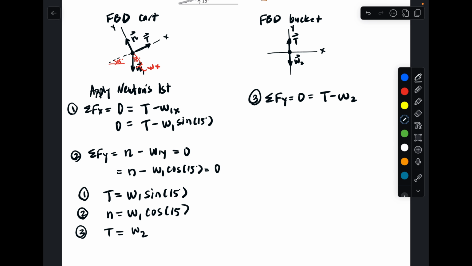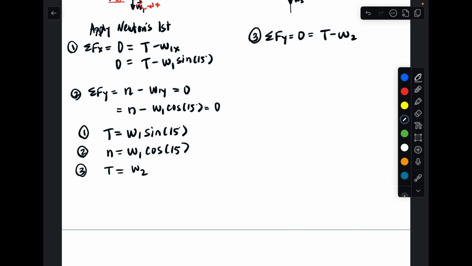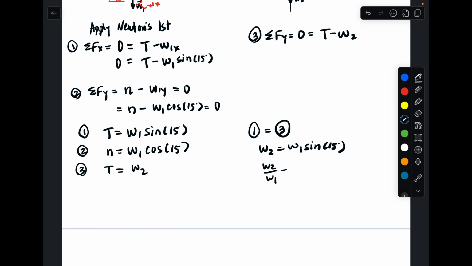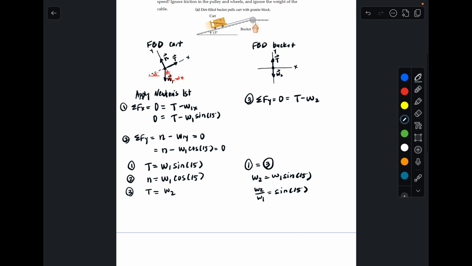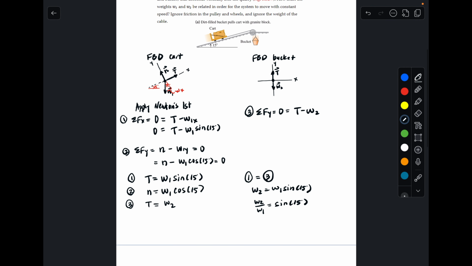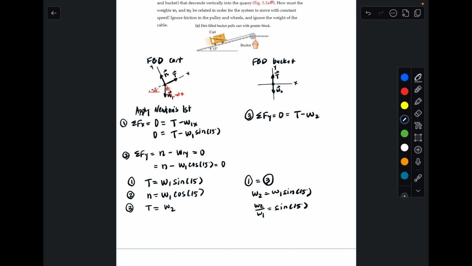So by combining equation 1 and 3, we can come up with a relationship between W1 and W2. So if the ratio of the two weights is equal to sine of the angle of the ramp, then we can ensure that the system will move with no acceleration and thus constant speed.